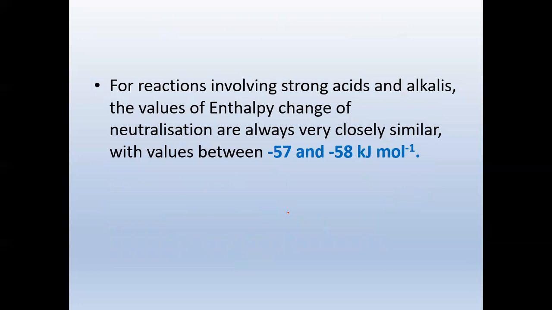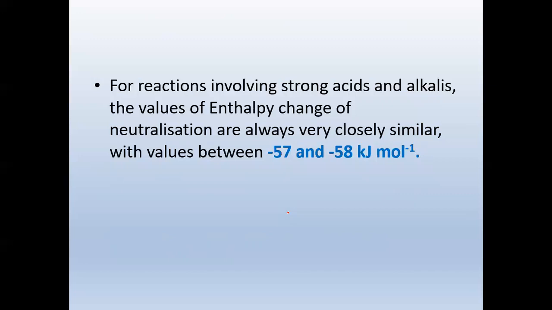Next, this is an important point. For reactions involving strong acids and alkalis, the values of enthalpy change of neutralization are very closely similar, and the value would be between minus 57 and minus 58 kilojoules per mole. This is a very important point, because in some problems they might just give you HCl and NaOH and ask you to find the enthalpy change without giving any values.